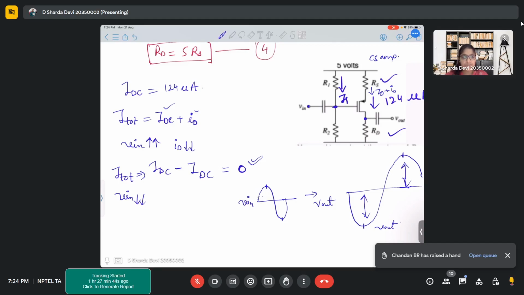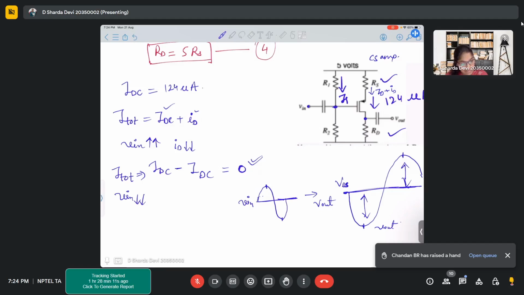Yes, yes. So this is the DC value that we are talking about. Let's say your VDS is fixed at this point. This is DC, which is a bias point that is always fixed. Now, what is happening when you are applying your input voltage? As your input is increasing, your output value is actually reducing.